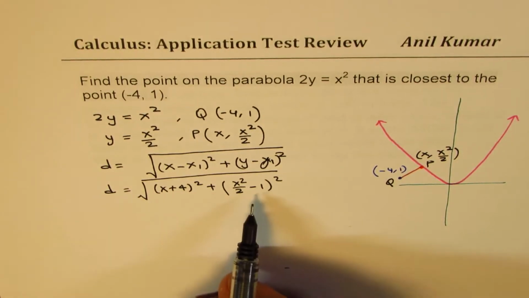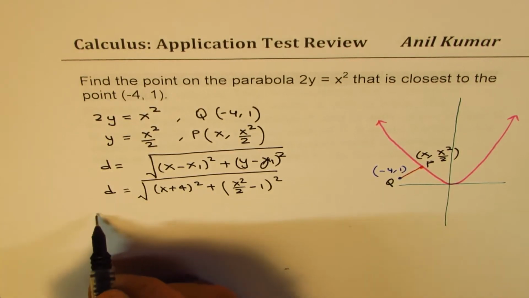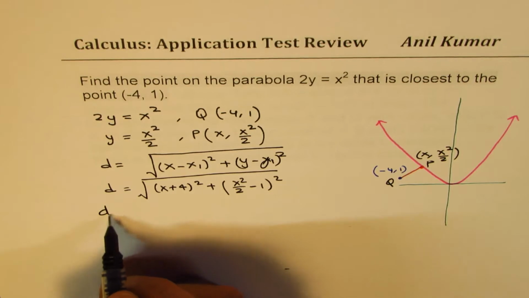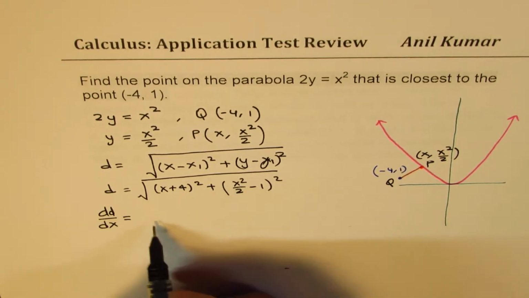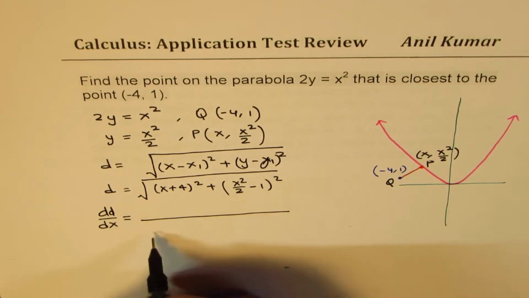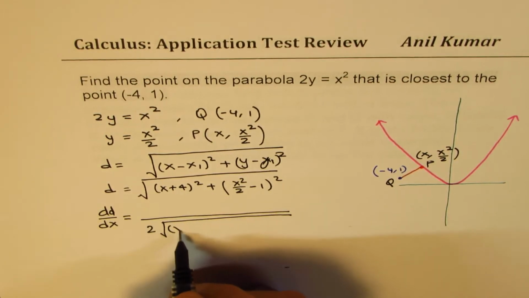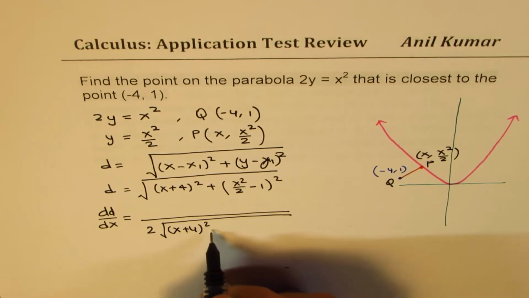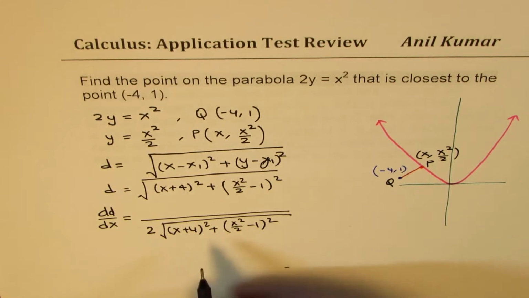Now, to find the minimum, let's differentiate both sides with respect to x. So we get dD over dx equal to the derivative of this, which is 1 over 2 square root of x plus 4 whole square plus x squared over 2 minus 1 whole square.